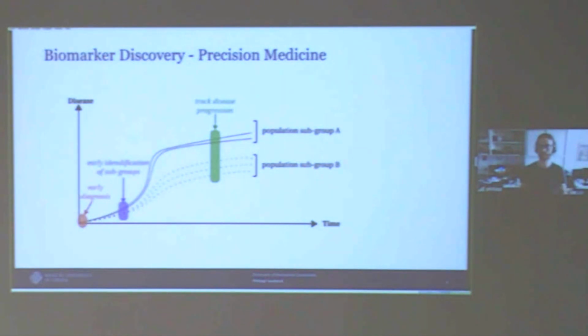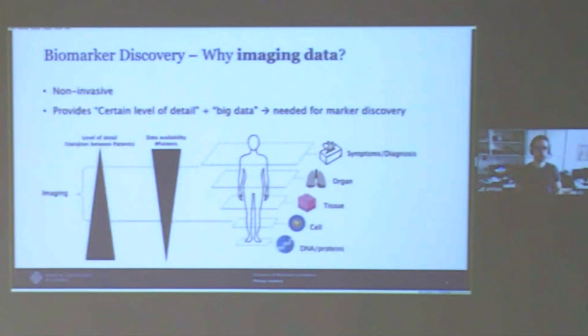And last but not least, tracking the progression of the disease is also something where biomarkers are important, because it allows us to manage the treatment of the patient and to adjust the therapy accordingly throughout the disease. So why is imaging data so nice to look at?